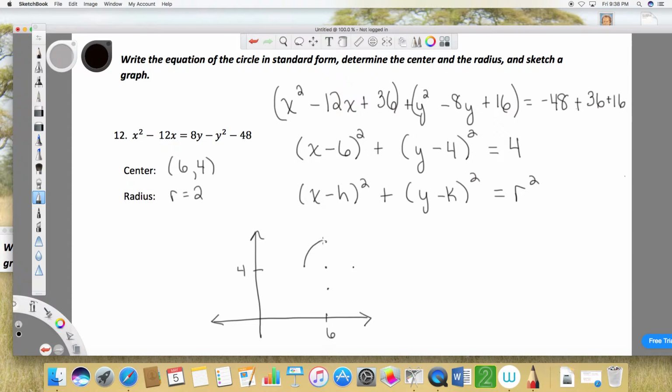And if I try to draw my circle on graph paper, that would look a lot better. So sorry about that. And here, this circle has a radius of 2, and that center, I've tried to eyeball it to make it (6, 4).